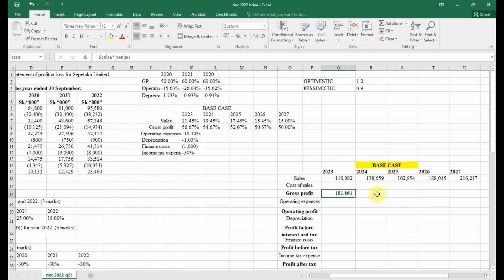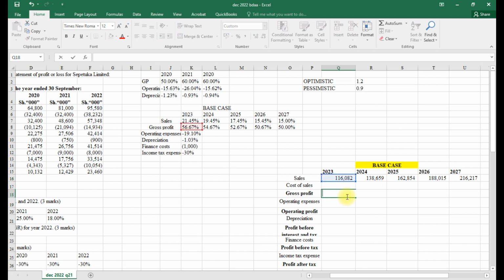That way. Second year, it will be, just a minute, this one is not okay because it is giving us even more. Remember, we are calculating as a percentage.